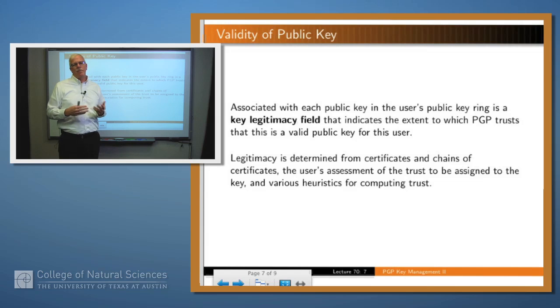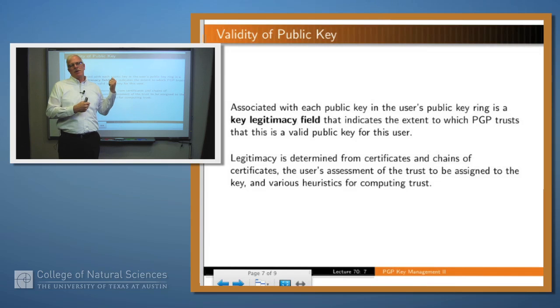Okay, how do you know that the public keys that you have stored on your public key ring are legitimate? That is, that they really belong to Joe or Sally or whoever. Well, the key is stored with what's called a key legitimacy field, which is some measure of how strongly you believe that that key really belongs to the person you think it does.